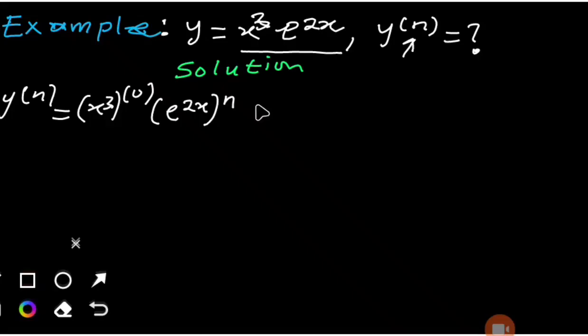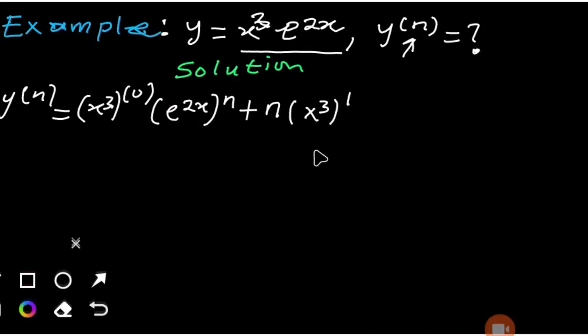Okay, then we will now go to the next term. Now remember, the next term, just like in binomial expression, the coefficient is n. If you can still remember that, just remember your binomial expression. Now the derivative of x cube increases by 1.